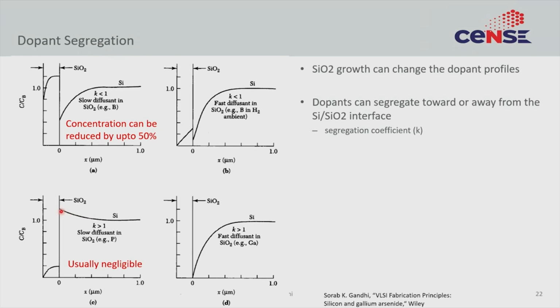However, some amount of phosphorus does get incorporated into the silicon dioxide, so you see some amount of concentration here, but whatever that concentration is can then not out diffuse because the diffusion coefficient is very low, so it just accumulates in the oxide layer. However, for the case where the diffusion coefficient is fast, for example gallium, all the dopant that is in this silicon dioxide keeps out diffusing, right?